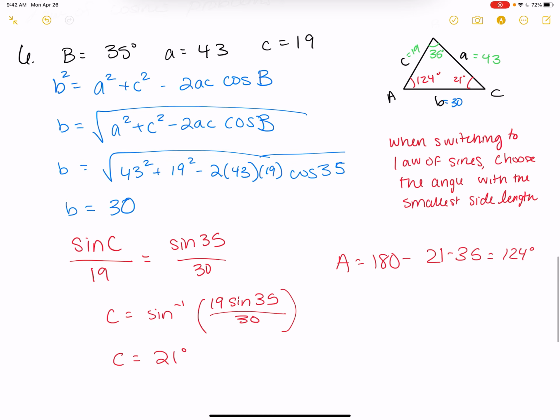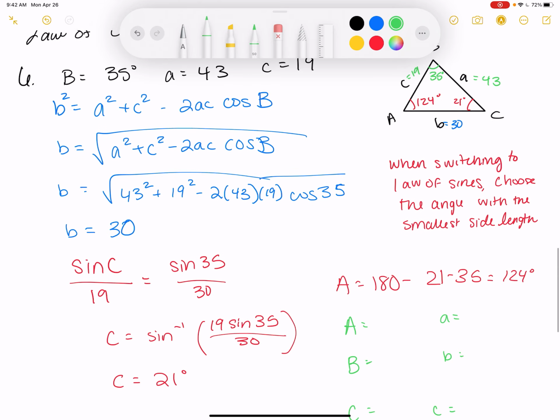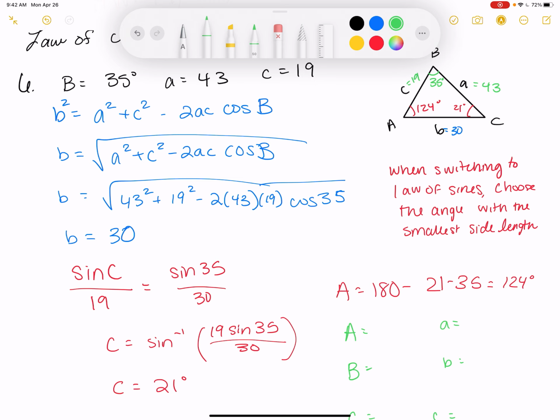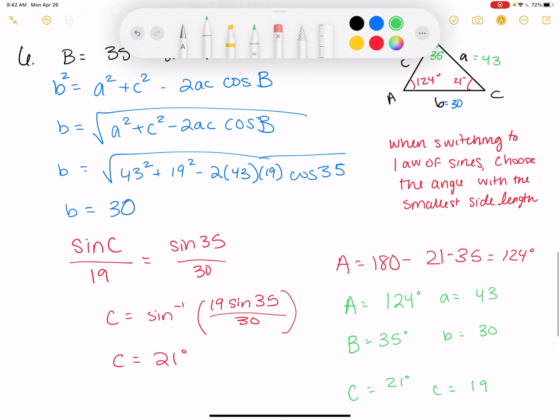All right, so now I'm going to write all the pieces of my triangle down here. Angle A was 124 degrees. Side A was 43. Angle B was 35 degrees. Little b was 30. Angle C was 21 degrees. Side C was 19.